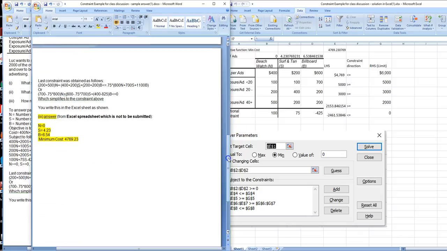And then, to provide the solution for the answer, we see that the value of n is 0, s is 4.23, b is 6.53, and the minimum cost, which is our objective function, is 4769. So we'll stop there, and I suggest you pick other problems from the problem set and work on them.